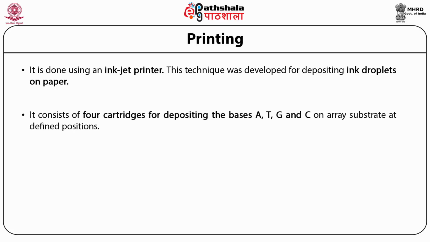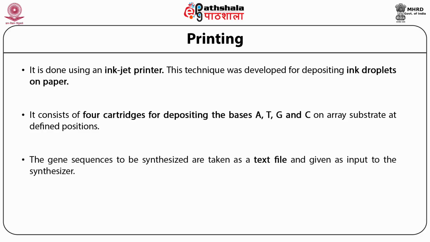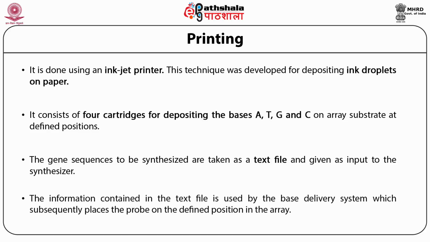It consists of 4 cartridges for depositing the bases adenine, thymine, guanine, and cytosine on the array substrate at defined positions. The gene sequences to be synthesized are taken as a text file and given as input to the synthesizer. The information contained in the text file is used by the base delivery system, which subsequently places the probe on the defined position in the array.